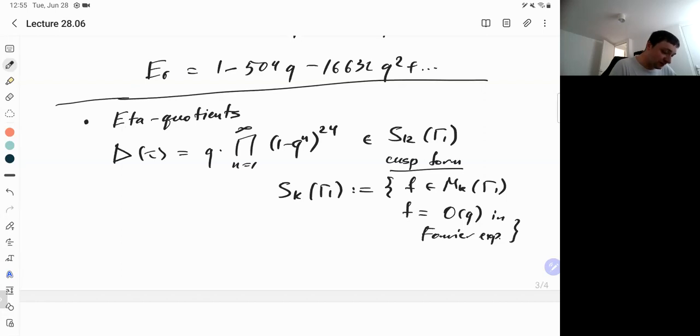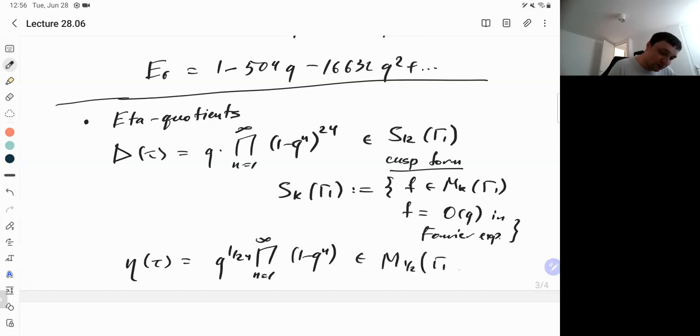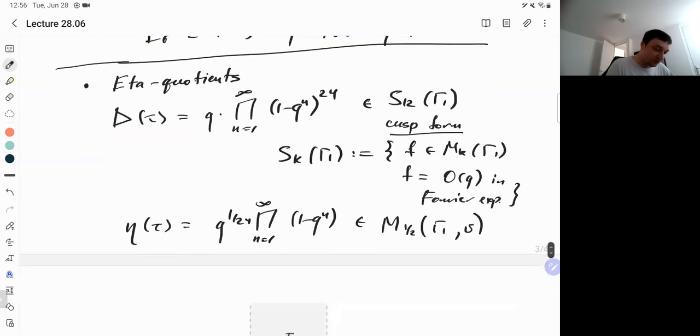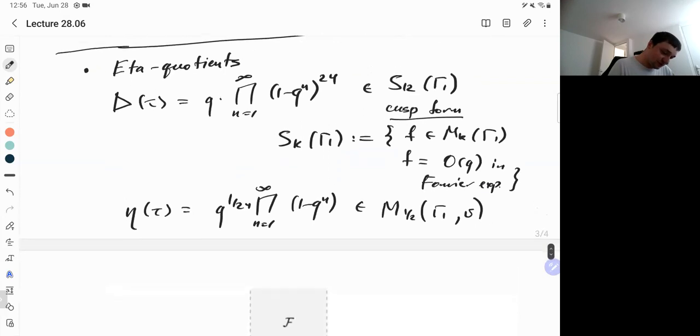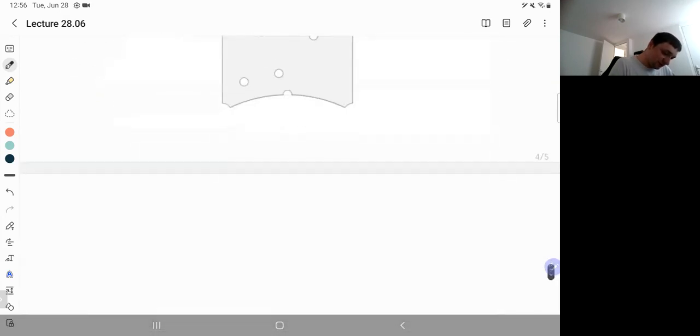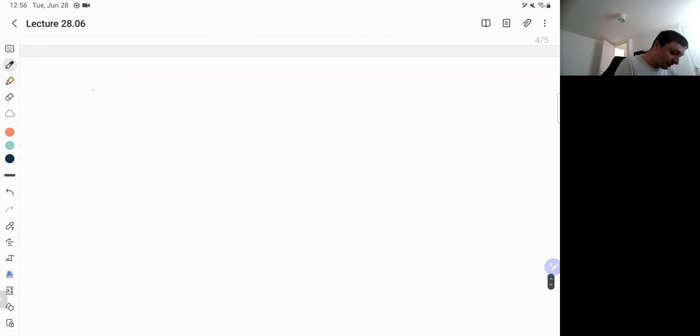I said the word eta, and this is delta. Eta of tau is a 24th root of this function, and in a certain sense it's a much more fundamental object, but it's not a modular form in the way I defined because it has a multiplier system. It is a form of weight 1/2 for gamma 1, but with some multiplier system. Since I haven't defined what that is, I won't talk much about it. Roughly, eta has two transformation laws.